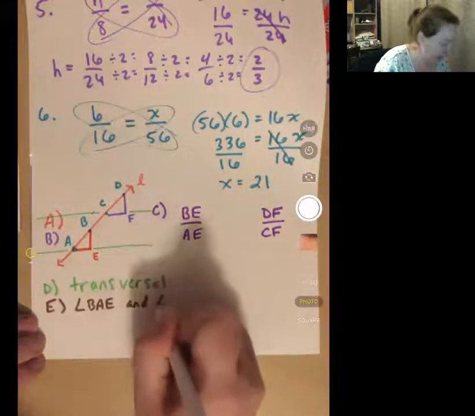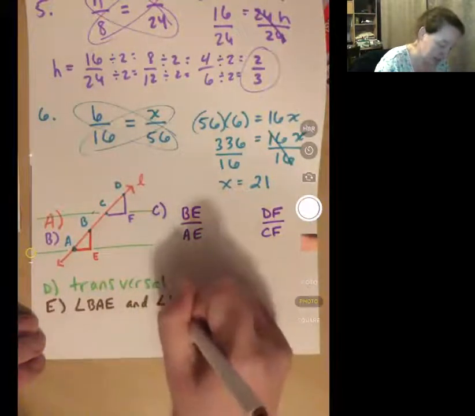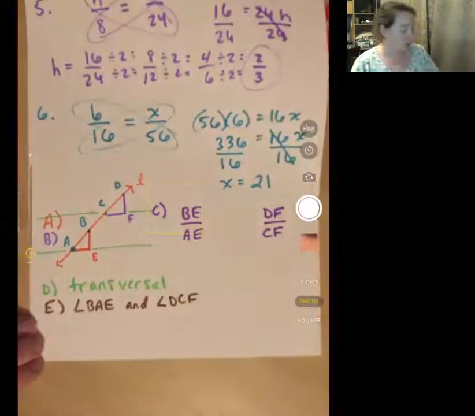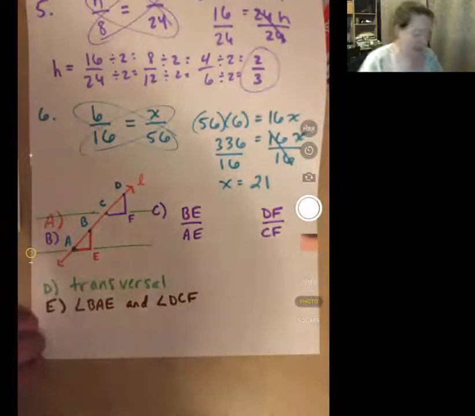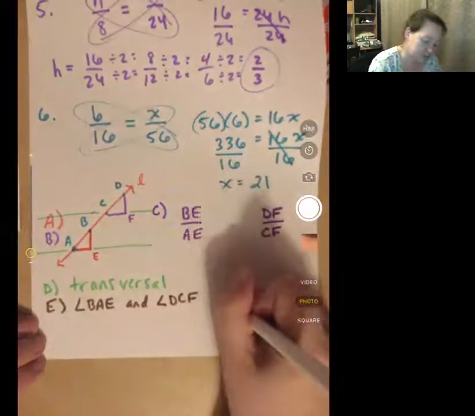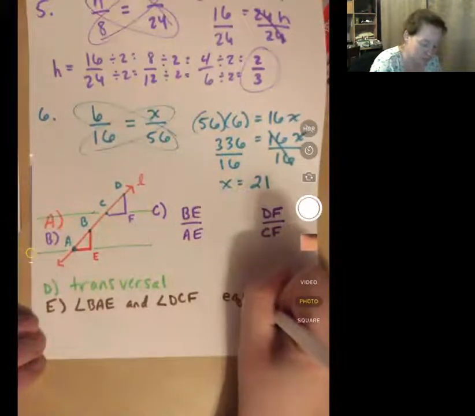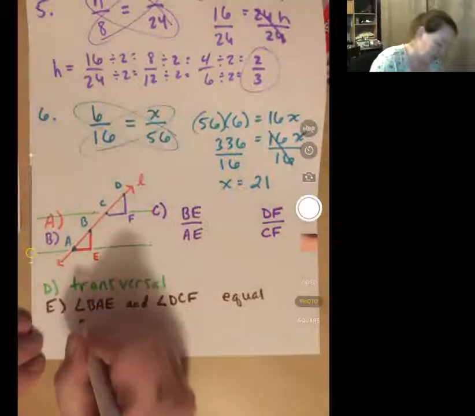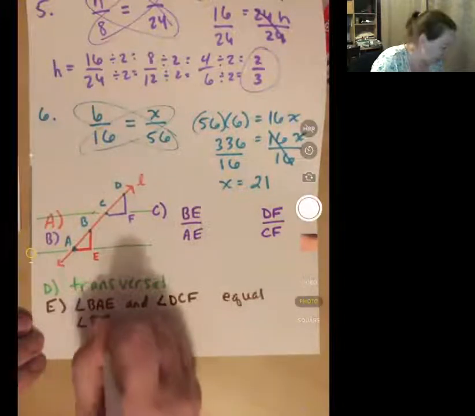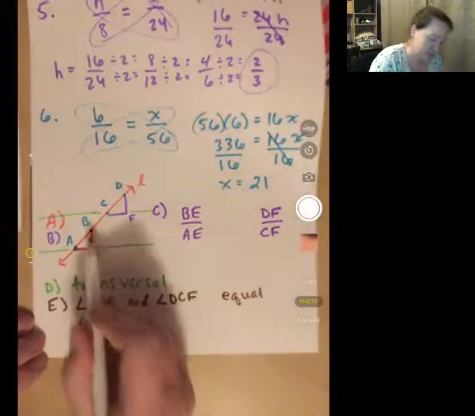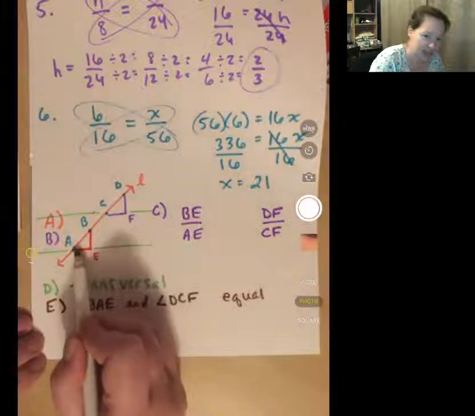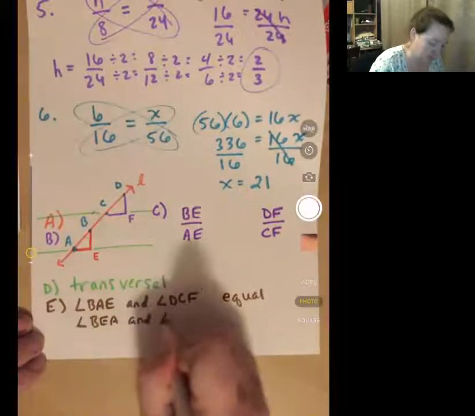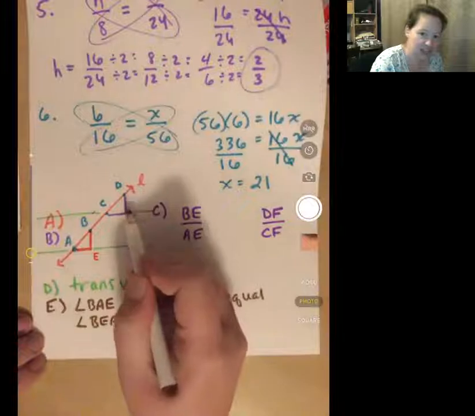And angle DCF are corresponding angles and are equal or equivalent, or however you want to put it. Angle BEA, so that's BEA, and angle DFC.